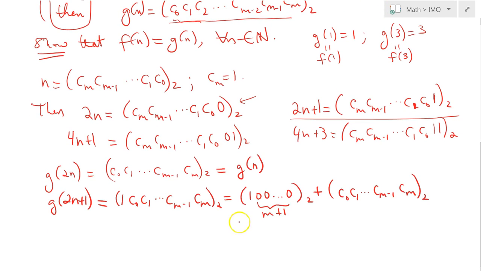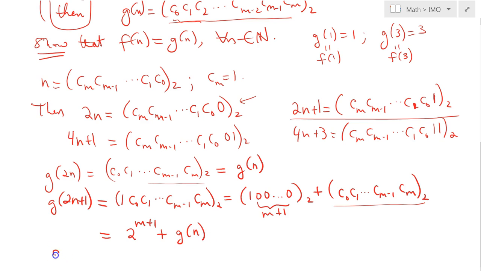Notice that the first term is simply equal to 2 to the power m plus 1, plus the second term, which is simply equal to G of n.